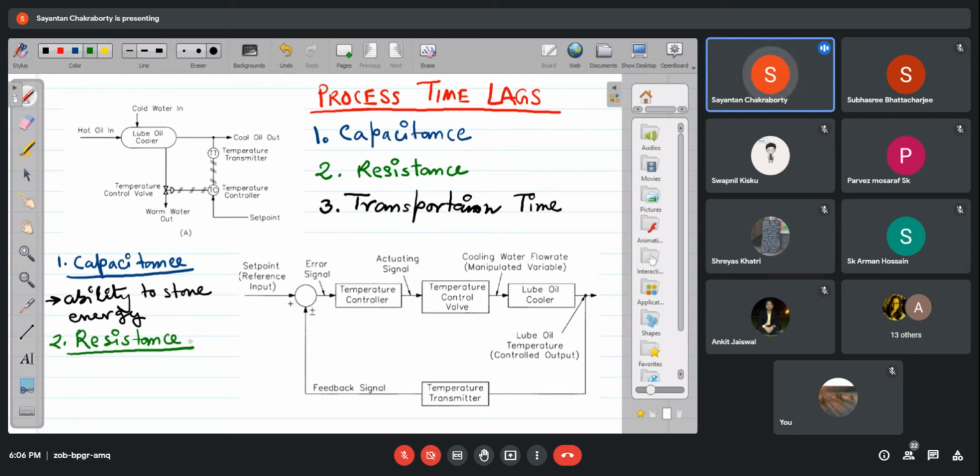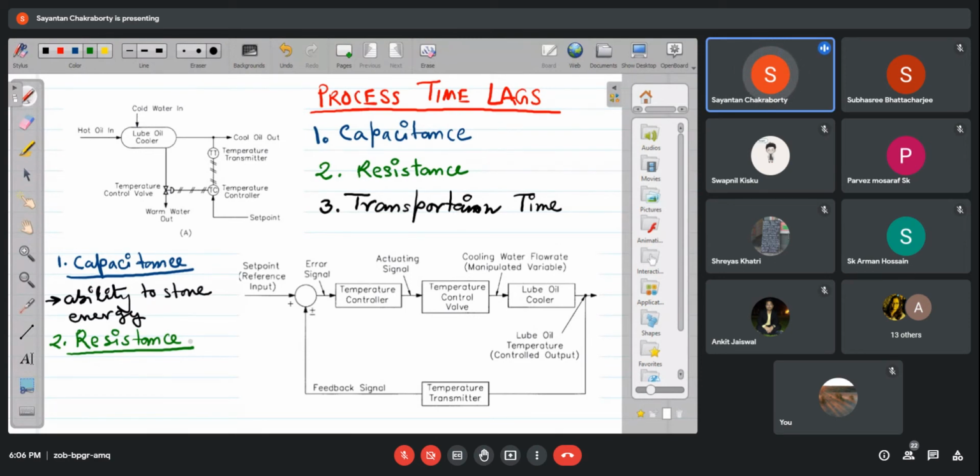Cold water, since its temperature is low, also has the capacity to store energy, and it will tend to draw heat from the lube oil, which is at a higher temperature, right? So this exchange of energy between two capacities will be resisted by the walls of the tube through which the lube oil is flowing.